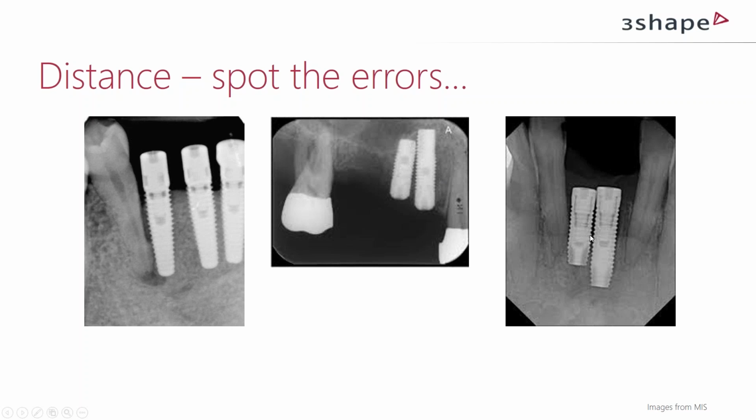Finally, the third picture. If you look really close, you can see that there is absolutely no bone in between the 2 implants. They are so close together that nature could not establish a growth of bone or osseointegration in this place.